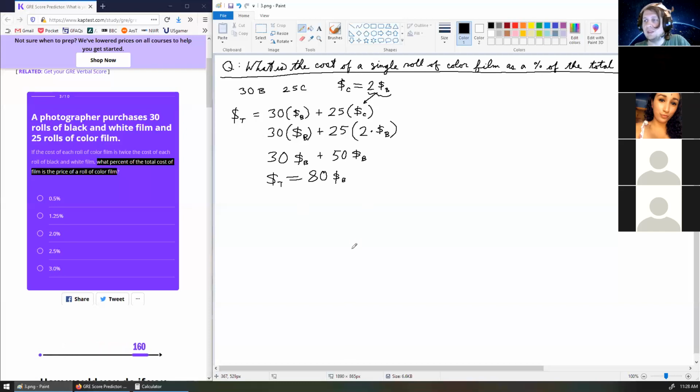So if we want to figure out the percentage cost, because that's our question, what's the cost of a single roll of color film as a percentage? We're looking for color, so we have the cost of black now. We don't actually know what the cost of black is. We just know what the cost of the total order was. We know black is 1 unit of this, 1/80th of that, right? And the cost of color is double that.